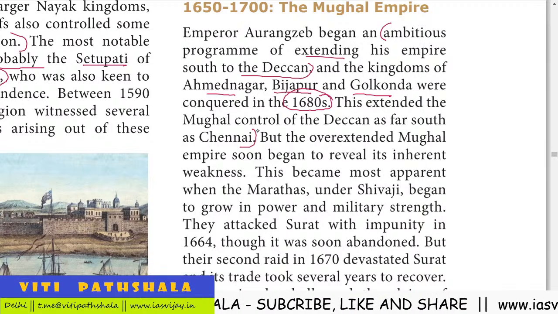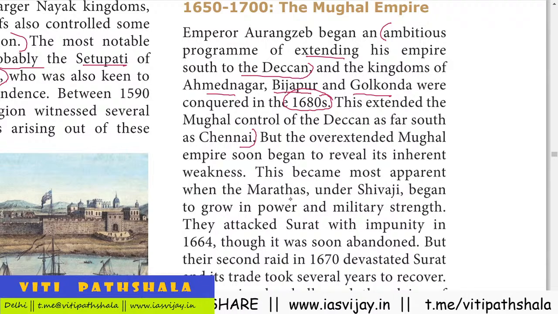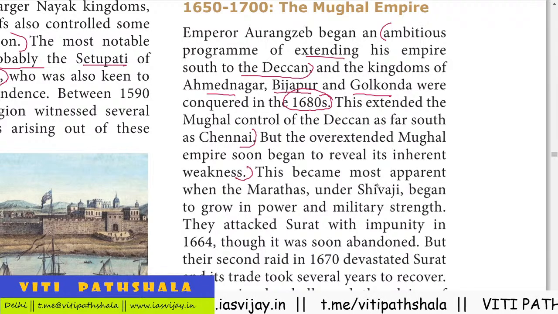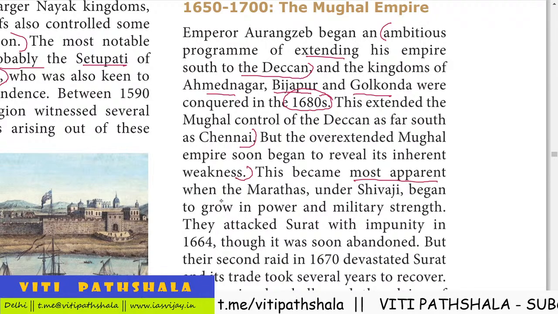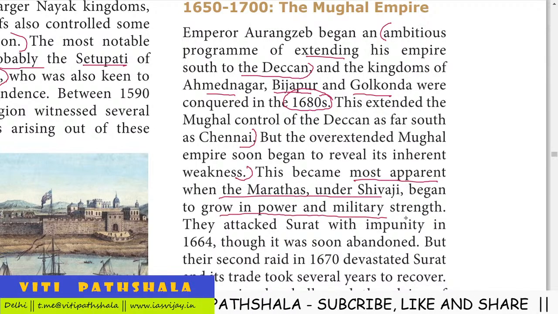But the overextended Mughal empire soon began to reveal its inherent weakness. Now, this became most apparent when the Marathas under Shivaji began to grow in power and military strength.